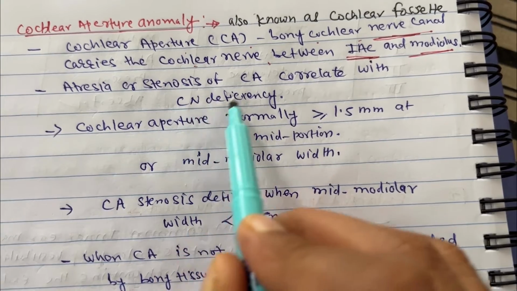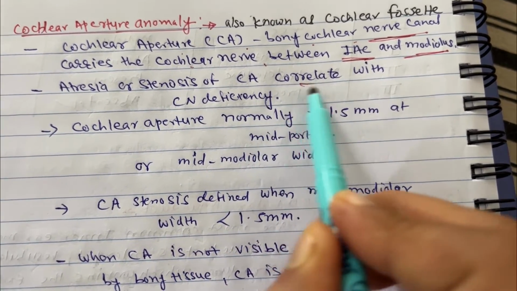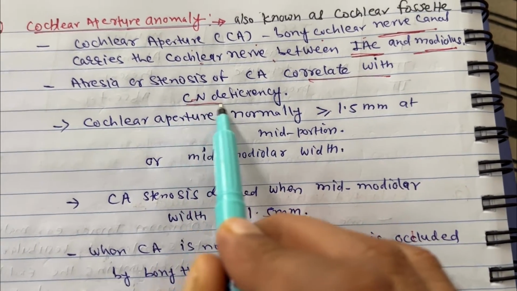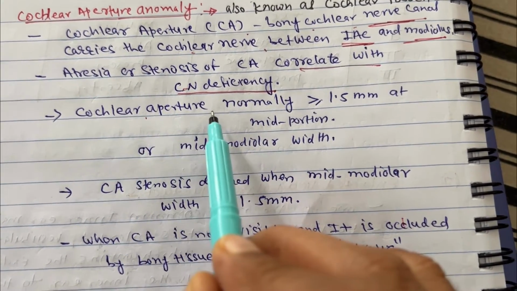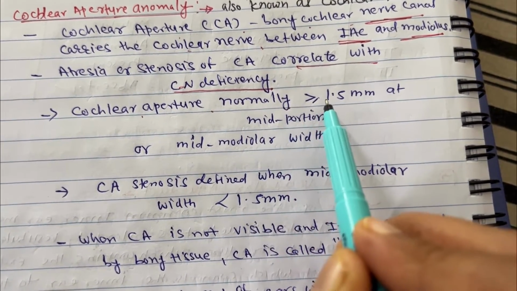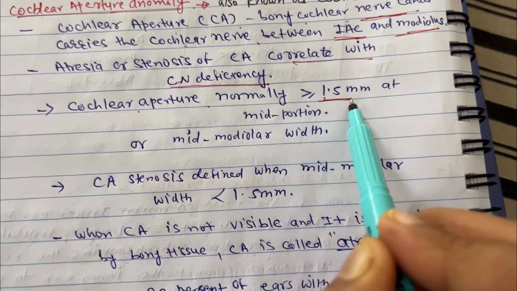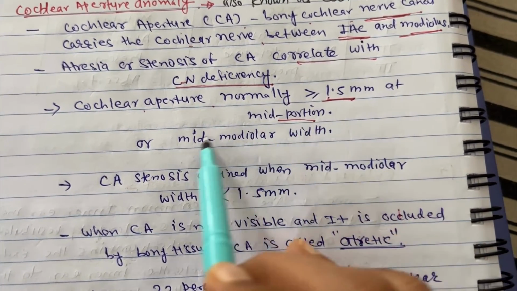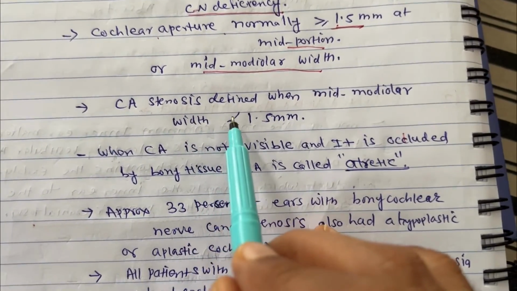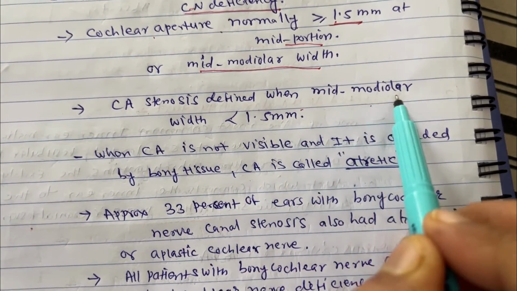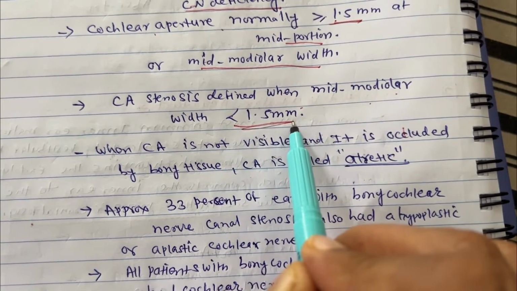Atresia or stenosis of the cochlear aperture correlates with cochlear nerve deficiency. The cochlear aperture is normally equal to or more than 1.5 mm at the midportion or mid-modiolar width. Cochlear aperture stenosis is defined when the mid-modiolar width is less than 1.5 mm.